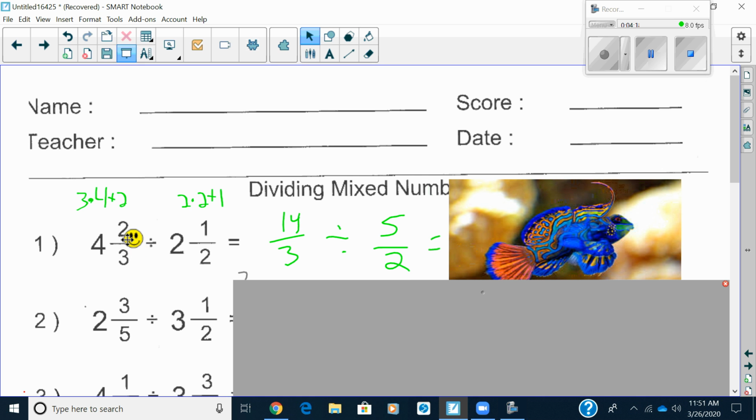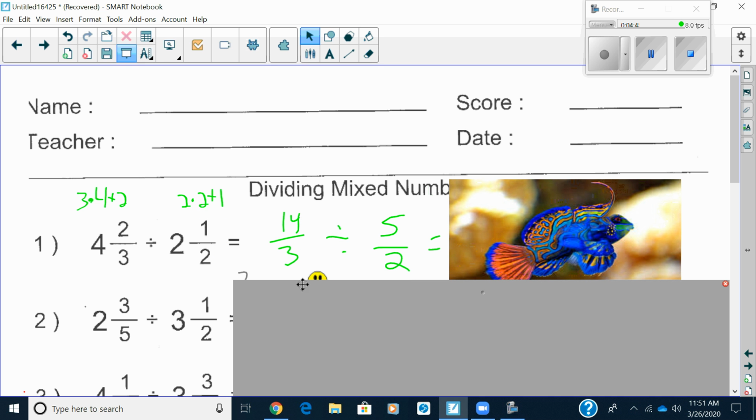Okay, when we're dividing mixed numbers, still the first one stays the same. The division changes to multiplication, and the second fraction, you have to reciprocal. So how did I get the 14 over 3? Well, I did 3 times 4 plus 2, 14. 2 times 2 plus 1 is 5.